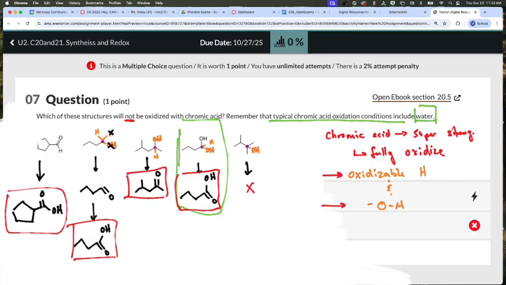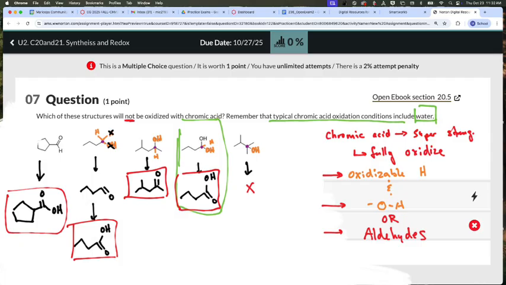That was easy enough. But what we might also do is say aldehydes. So we could memorize: chromic acid is going to oxidize if I have oxidizable hydrogens, if I see an alcohol, or if I have aldehydes. So it's the OH or aldehydes.